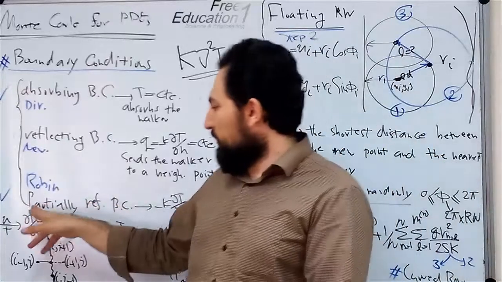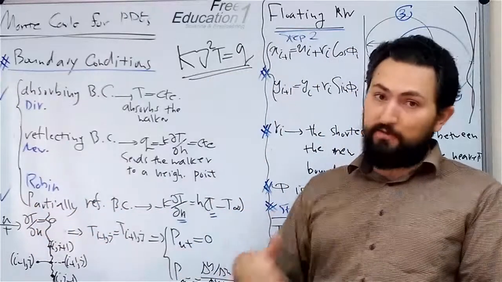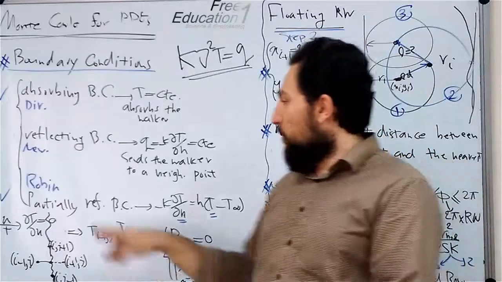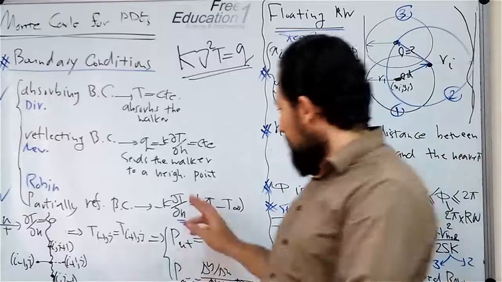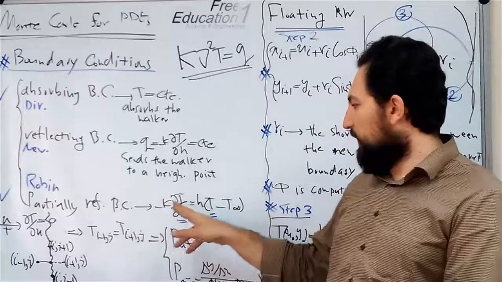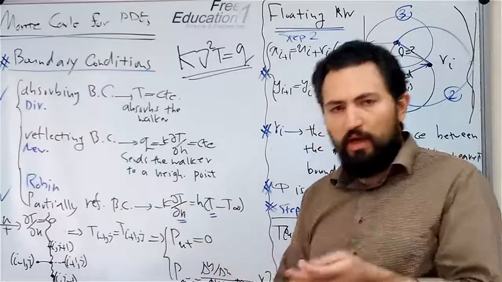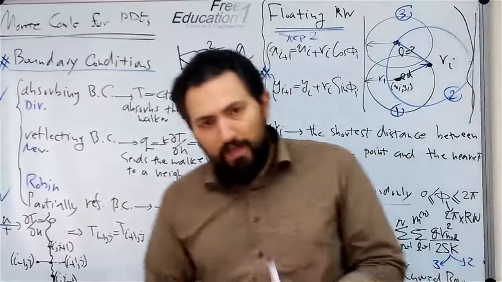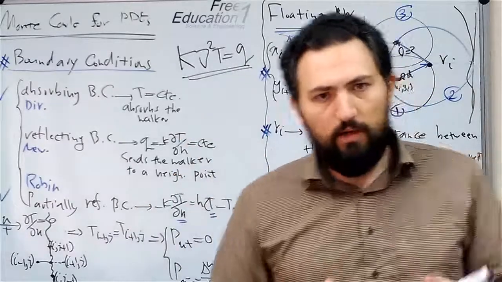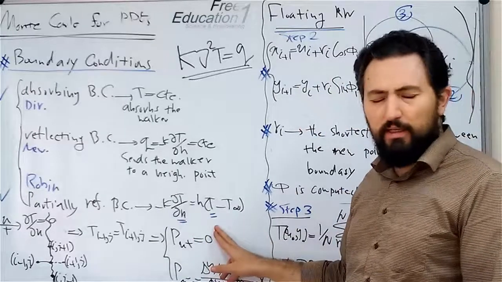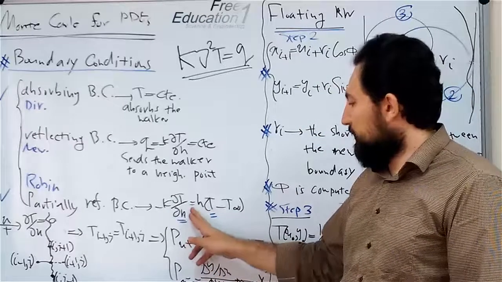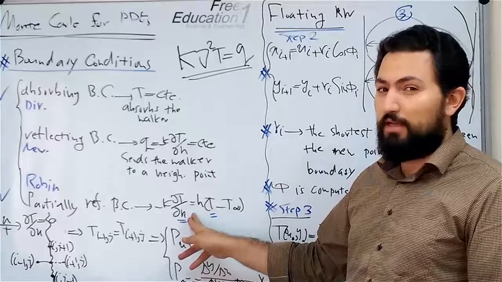And the third one is the partially reflecting boundary condition, or the Robin type, or the third type boundary condition. As you see in this category, you will have a combination of the temperature itself and its derivative on the wall. Here, this is the heat flux, and this is Newton's cooling law. This is the conservation of energy on the wall.